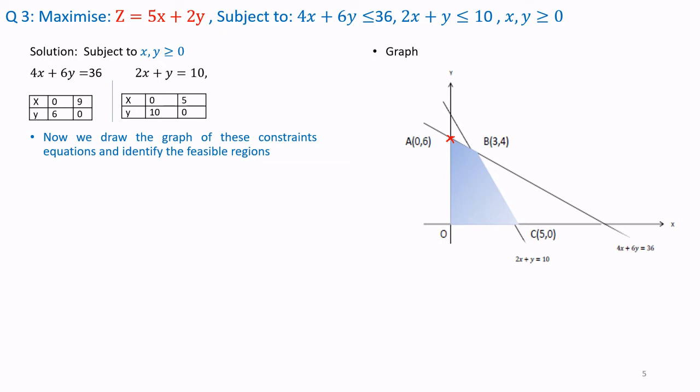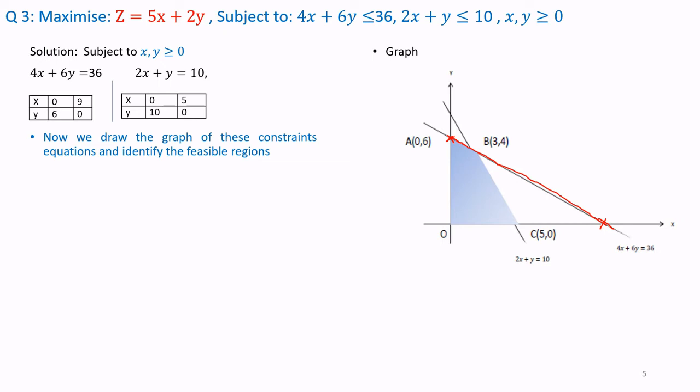Y is equal to 0 is the horizontal line here, the x-axis, and 9 is this. So you select the point 9 on the x-axis. Now you join these 2 points. When you join these 2 points, you get the line of this equation.